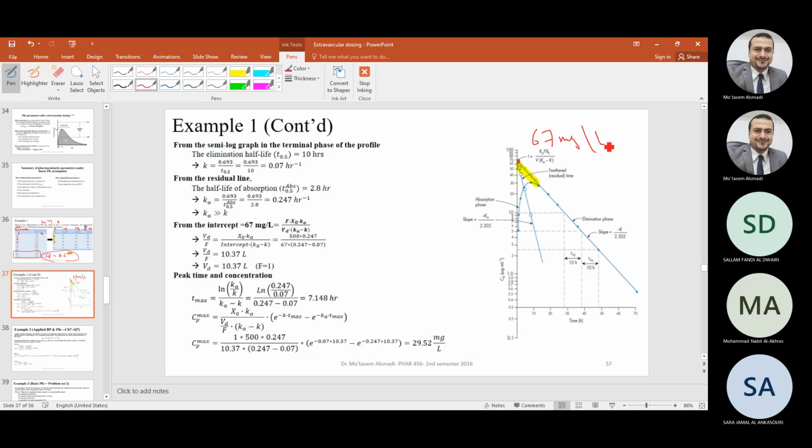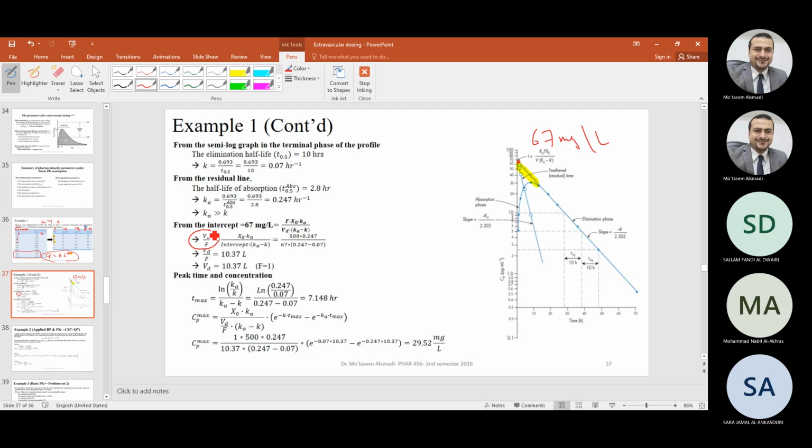I can use it to get the Vd over F. So the Vd over F is equal to dose multiplied with Ka, divided by the intercept, which is the capital A, multiplied with Ka minus K, right? So the dose is 500 milligrams. The Ka, we calculated to be 0.247. The intercept is 67, and the K is 0.07. If you do this, you can get the value of Vd over F, right?